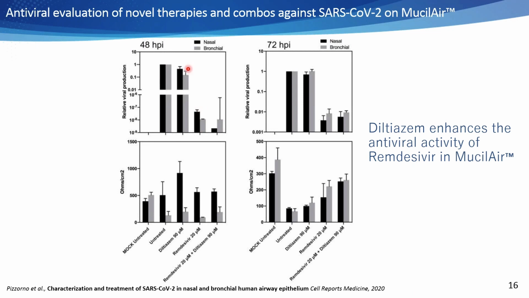But in combination with remdesivir, you can have 1.5 log of additional decrease, meaning that here diltiazem enhances the antiviral activity of remdesivir in the system. So you could use this system to discriminate the potency of your compound, either in combination or alone.